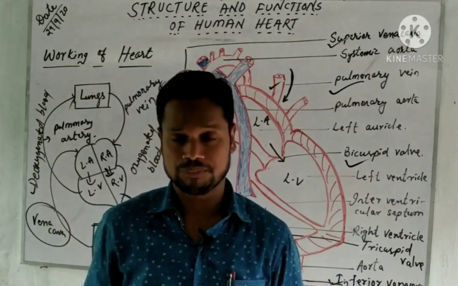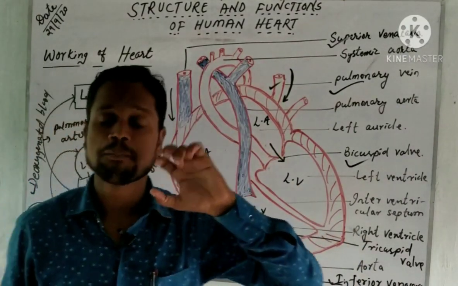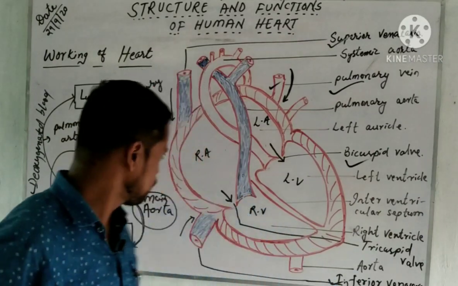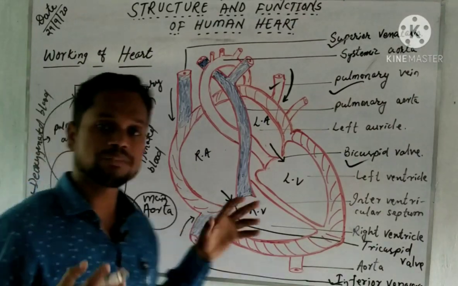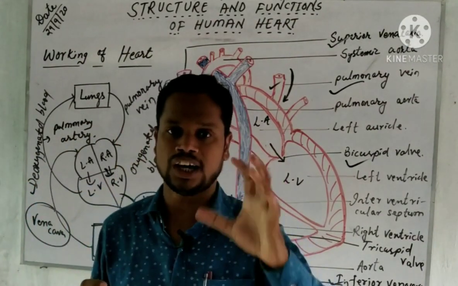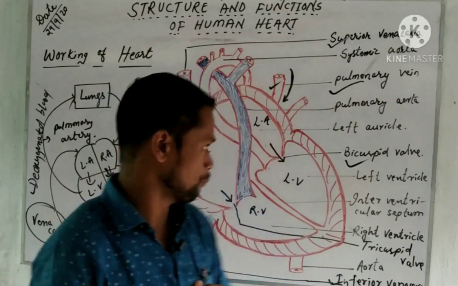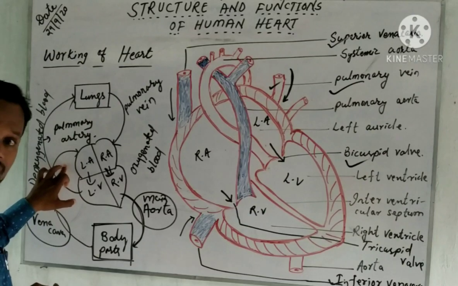From the upper part of the body, deoxygenated blood is supplied to the heart by the superior vena cava, and from the lower part of the body, by the inferior vena cava. Now blood has reached the left auricle.